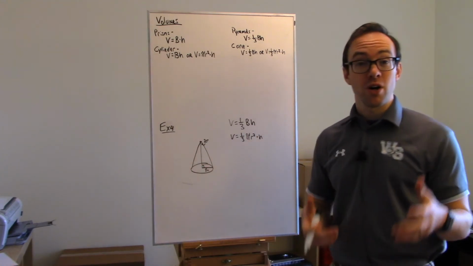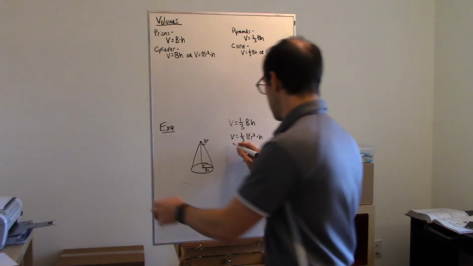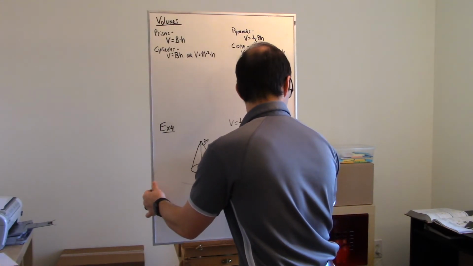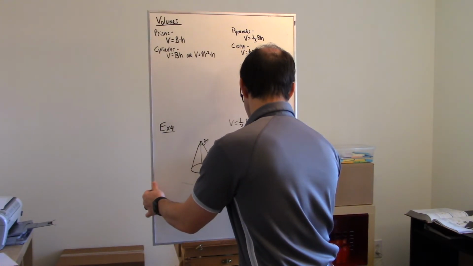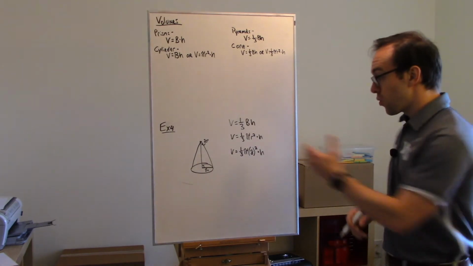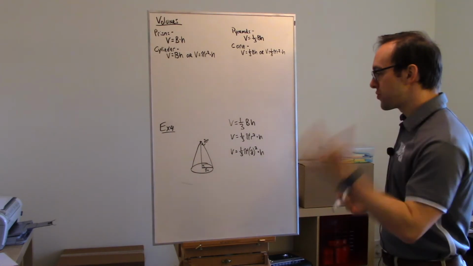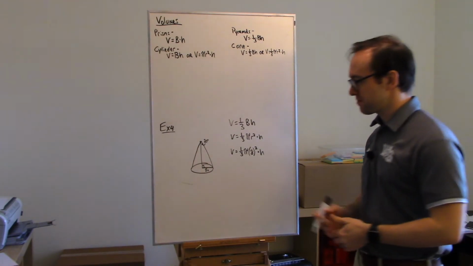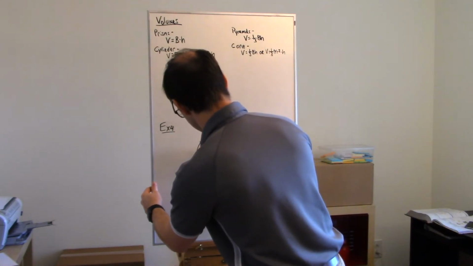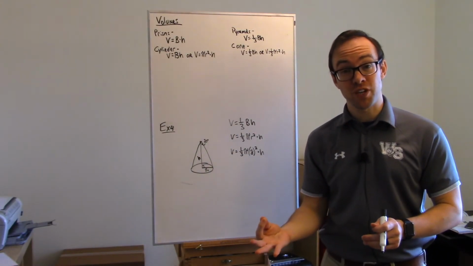Now in this example, we are given one of the two pieces of information that you need. One-third pi 8 squared times h. We still don't have h. h is the height of the figure.